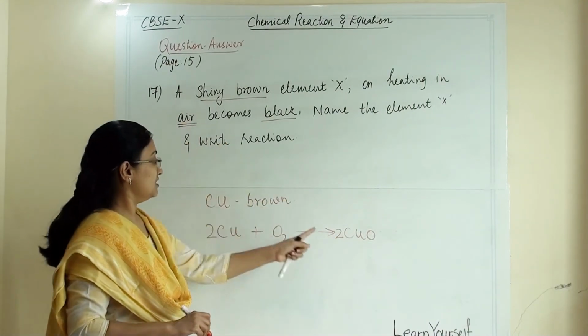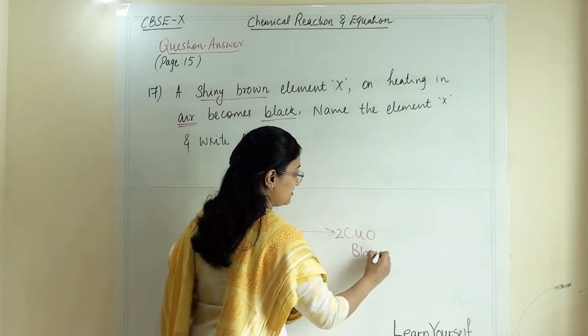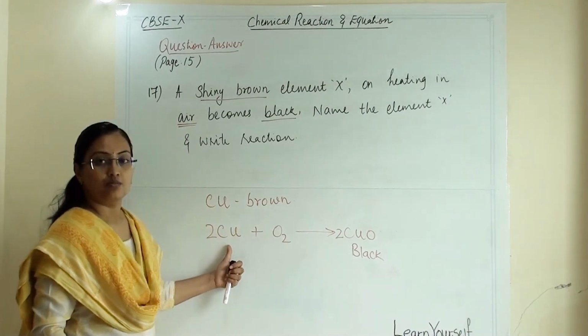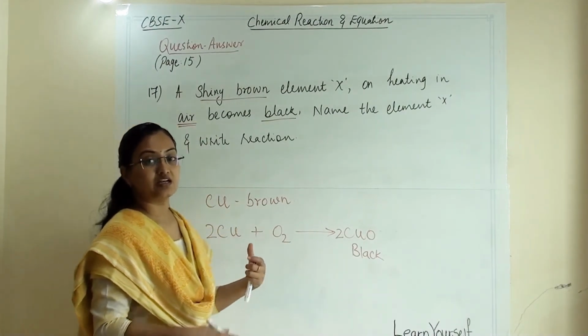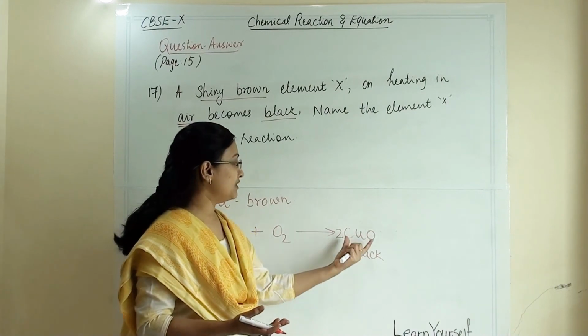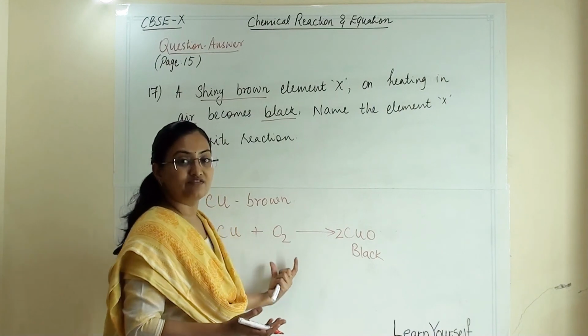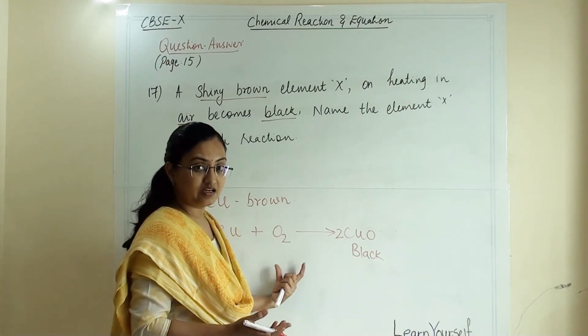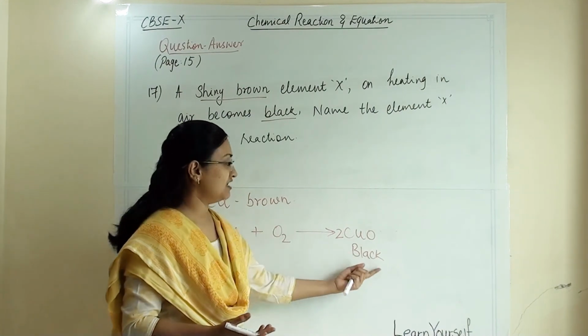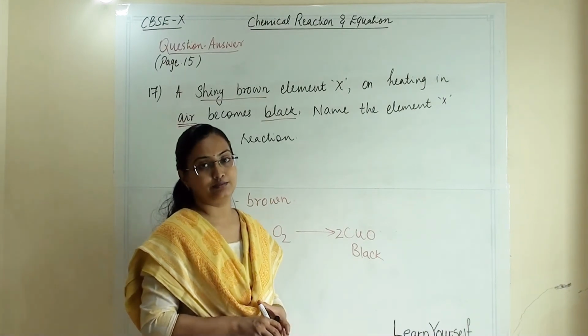The copper oxide is black in color whereas copper is brown in color. So once we heat the copper it will become black, and what we will get is copper oxide. Copper, when we are burning it in the air, will react with oxygen and we will get copper oxide, and that is black in color.